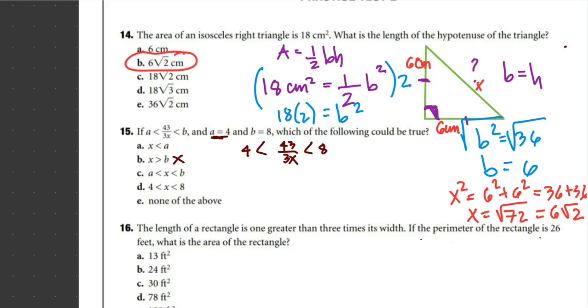So letter B is not true. This one, x is greater than a, so this is not. This one, x is greater than 4, is not. It should be less than 4. Okay, so I think the answer is letter A.